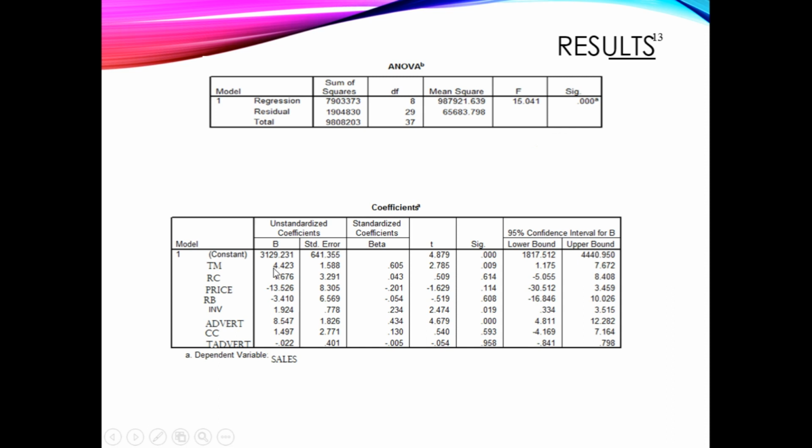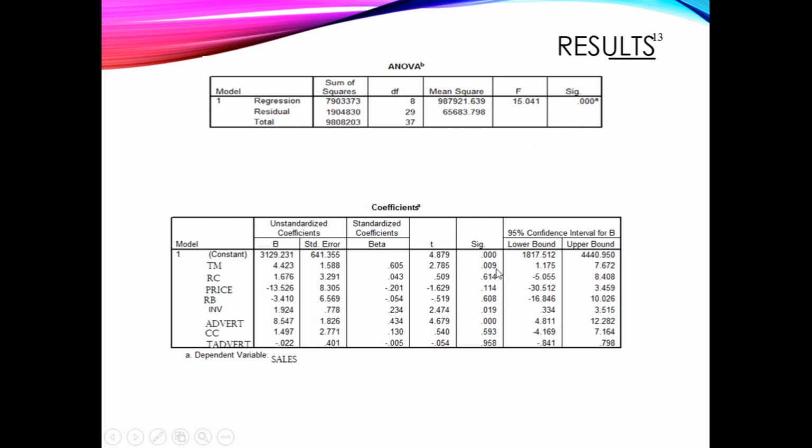So we look at our variables: the total market, the reduction to client, the price, the research budget, the investment, the adverts, the sales cost and advice, and the total advert of the branch. We will see that only two variables are significant at the 5% threshold.